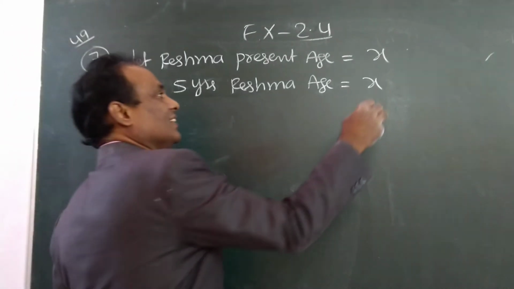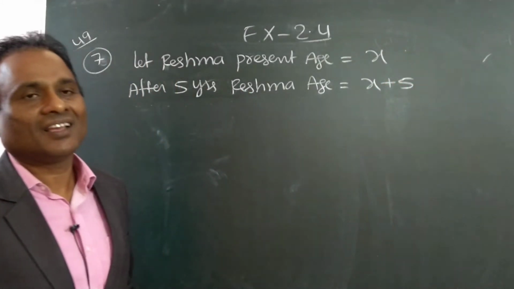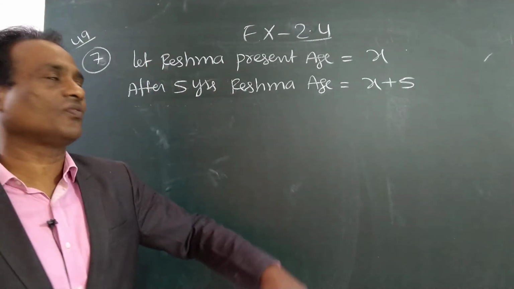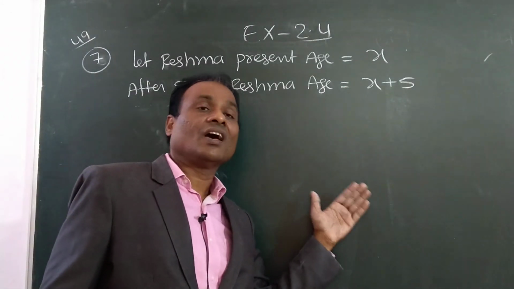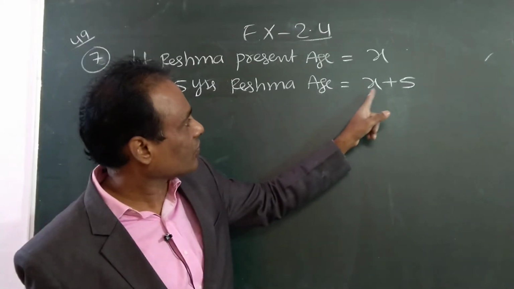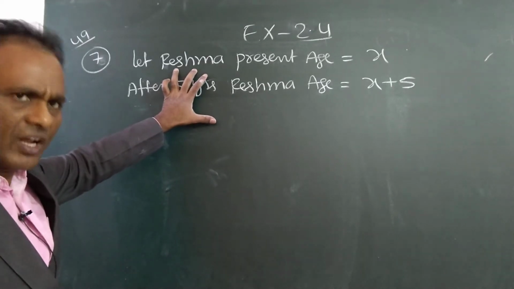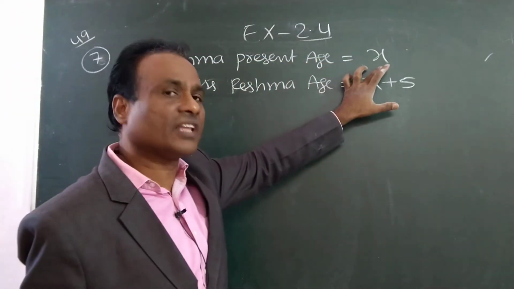After 5 years, plus 5. Suppose if present age is 10, after 5 years it will become 10 plus 5. Present age is 6. After 5 years, 6 plus 5, 11 years. So present age x means after 5 years, x plus 5. Only one person, Reshma, no other persons. Present age, let us take it as x.